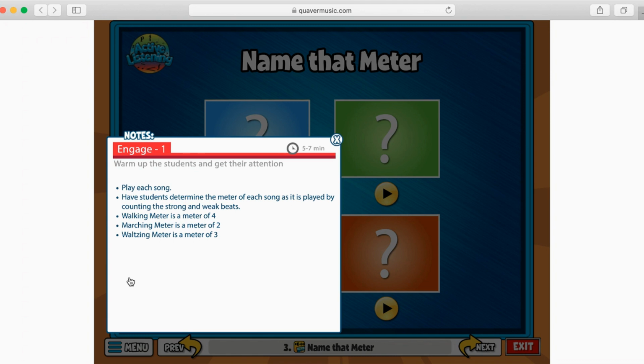If your song sounds like a marching meter, 1, 2, 1, 2, 1, 2, that means you are in the meter of 2. And if your song sounds like a waltzing meter or a swaying meter, 1, 2, 3, 1, 2, 3, then you are going to be in the meter of 3. So let's give this a try.